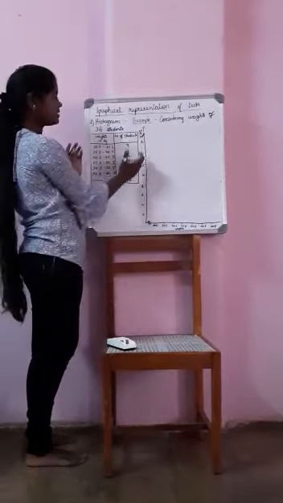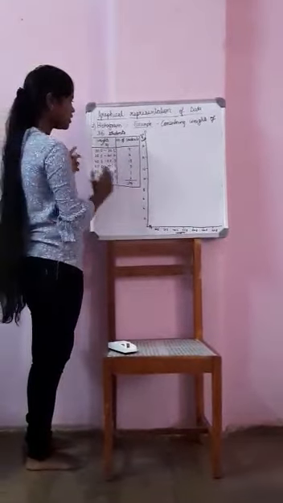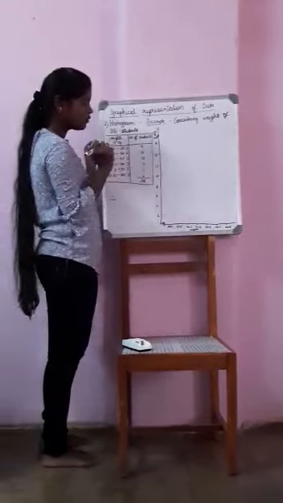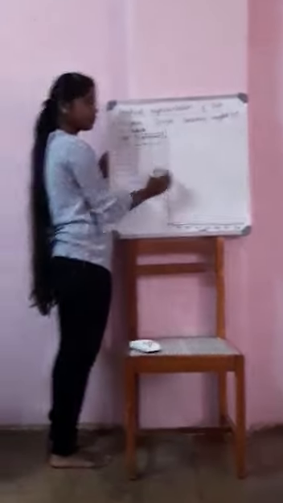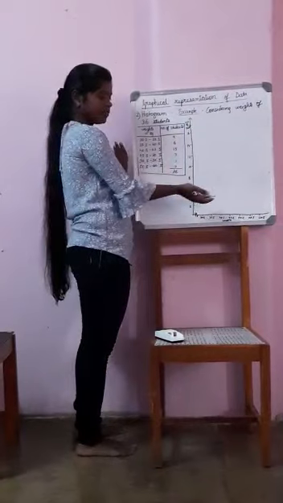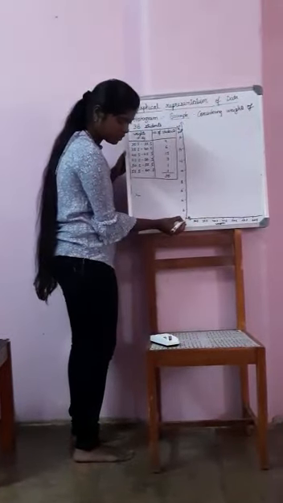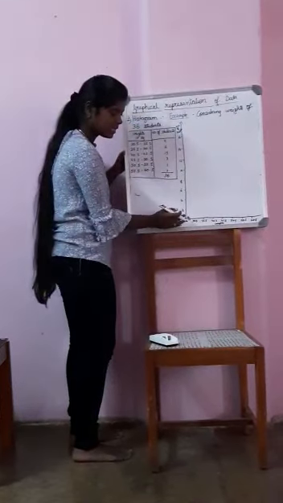Here this tabular column represents the weights of 36 students. Now how do I draw this? Before drawing, keep this in mind. When drawing a graph with x-axis and y-axis, if I start from 0 on either side, then it is fine.